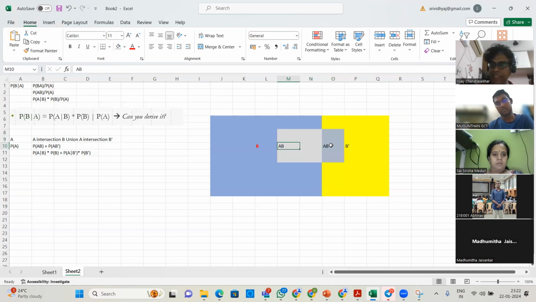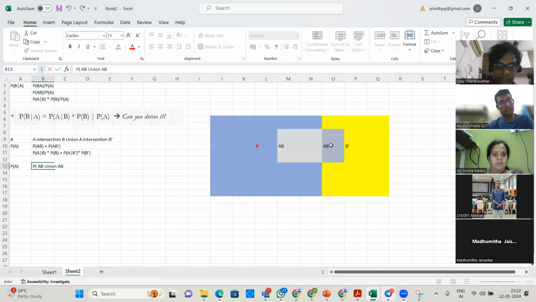And since these two are disjoint, we know by the law of basic probabilities, when you have two events that are disjoint, the probability of A is the probability of AB union AB complement, which is nothing but probability of AB plus probability of AB complement. Is that clear? Yes.